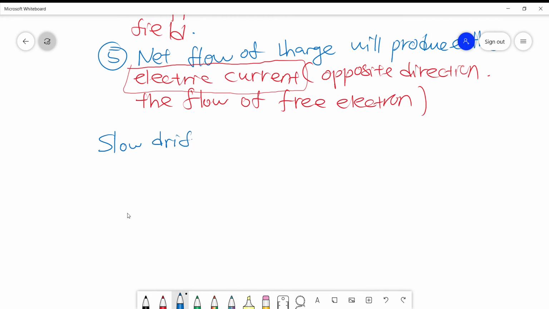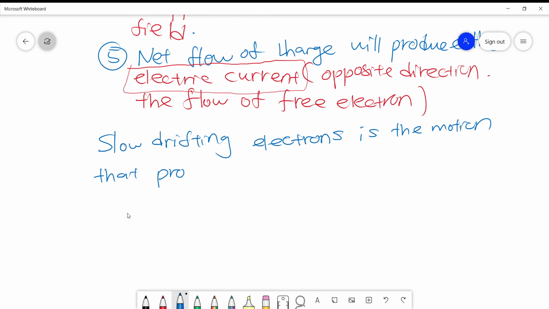Slow drifting electrons in motion is the motion that produces the electric current instead of random motion.